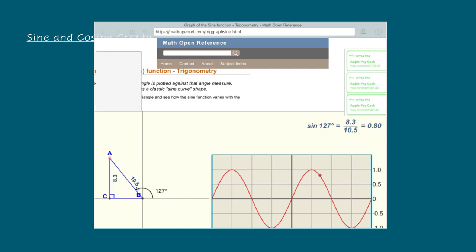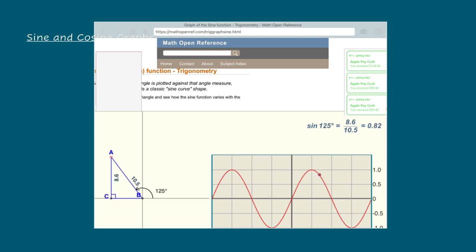As it moves around, you can see that the dot moves on my curve and follows as I'm moving around. And notice as my ratios change up there in the upper right hand corner, I'm calculating the sine ratio, or my sine function there, of whatever my ratios are for that right triangle.